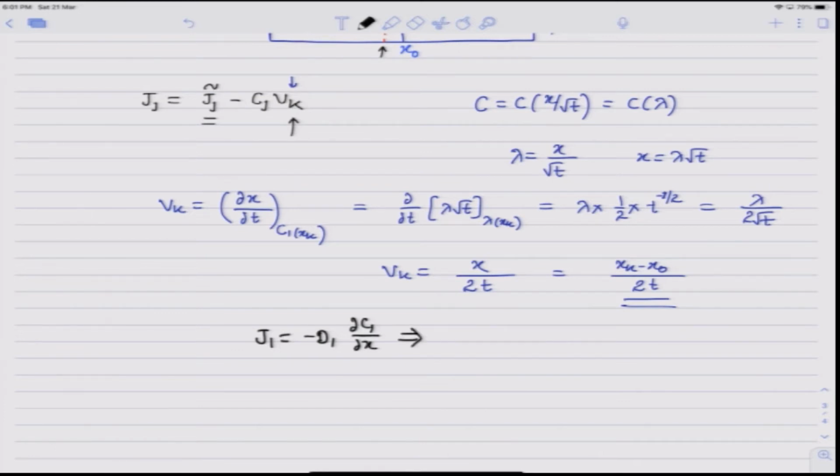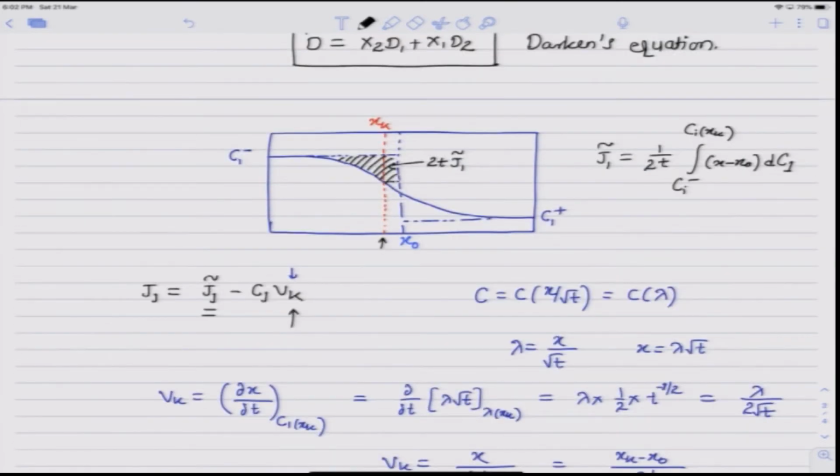Again, the concentration gradient can be determined at xk, and so D1 at the composition corresponding to xk is nothing but minus J1 at xk divided by the gradient of concentration 1 at xk. This way we can find D2 also, which is simply minus J2 over dou C2 by dou x, and thus we can get the intrinsic diffusion coefficients from a diffusion couple experiment.